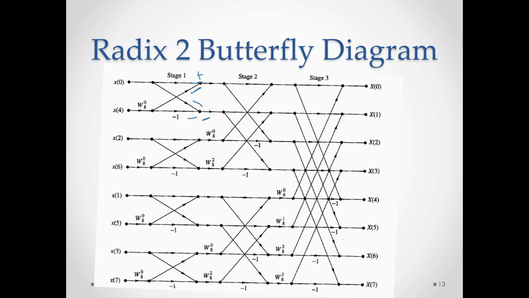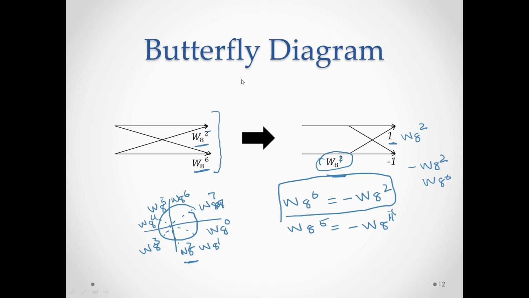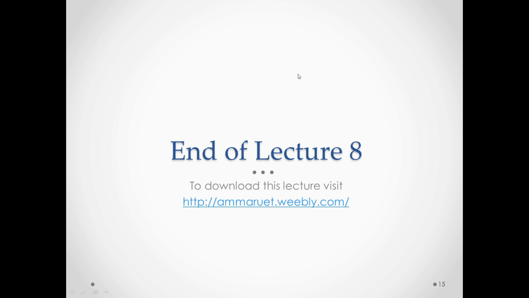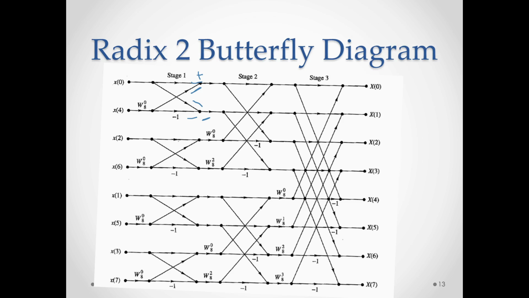The next stage is drawn using the next matrix, over here. This matrix is drawn using the next stage, that would be this stage, and the third matrix is created using this stage.